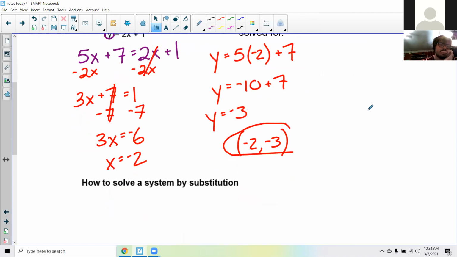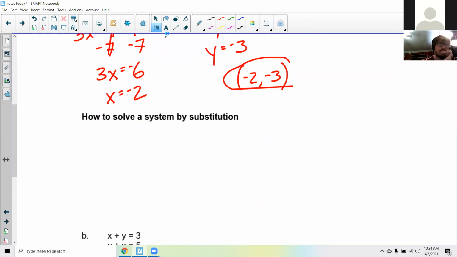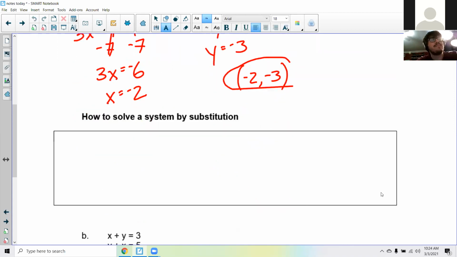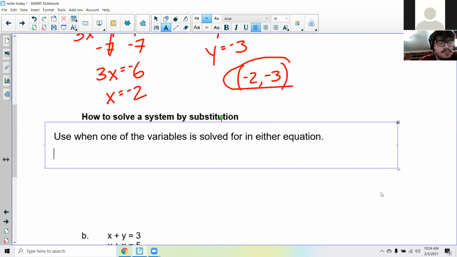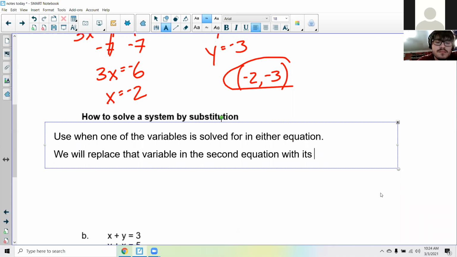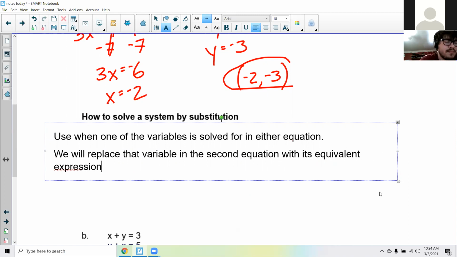So let's write the steps for this process. Again, use it when one of the variables is solved for in either equation. We will replace that variable in the second equation with its equivalent expression.